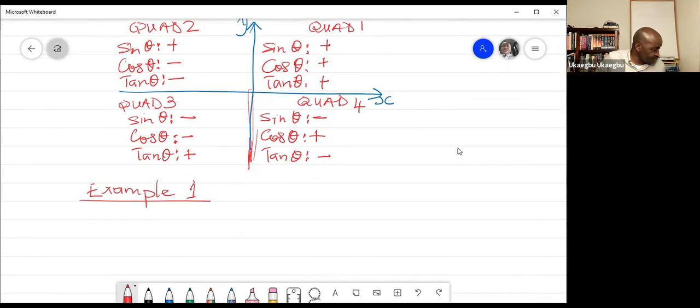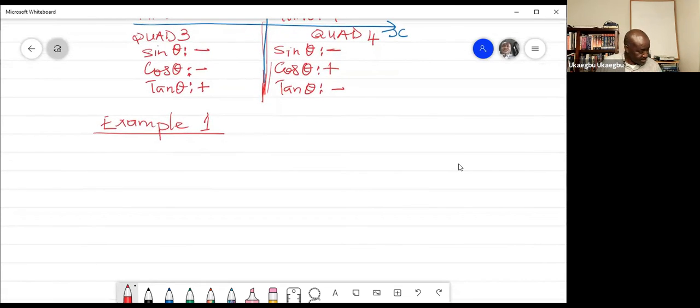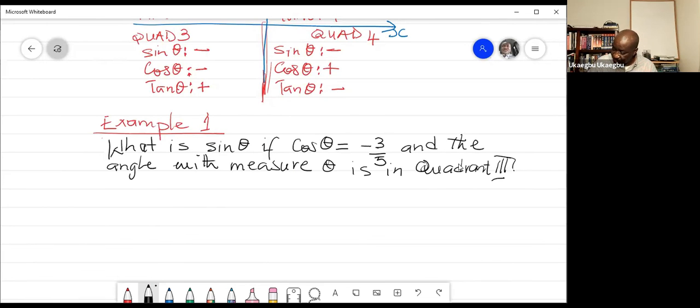All right, so I am going to just write the question and then we now find a way to figure it out together. Okay, here's typically how they put the question. What is, okay, let's read it, ladies and gentlemen.